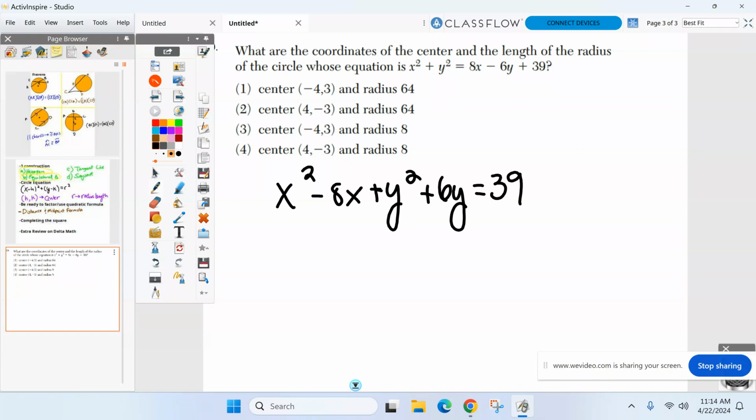Once everything is grouped together and the constants are on the other side, I could have really done this in the same step, but I just want to show you step by step.